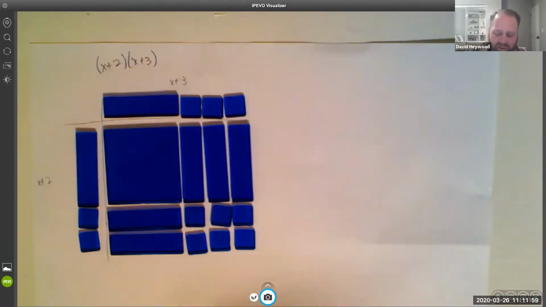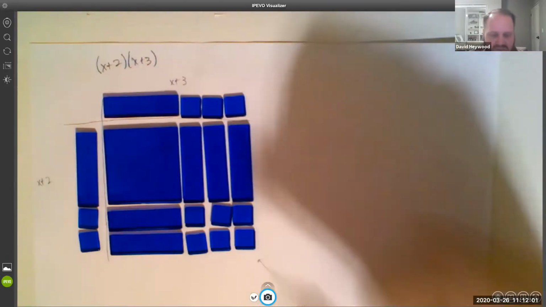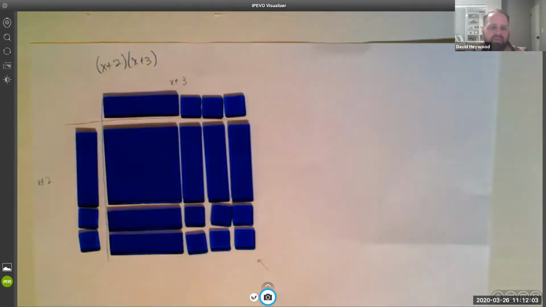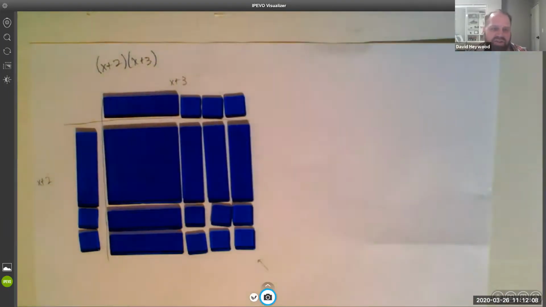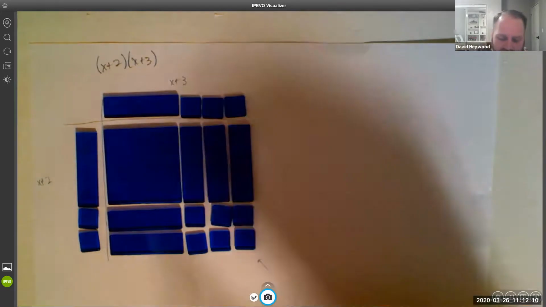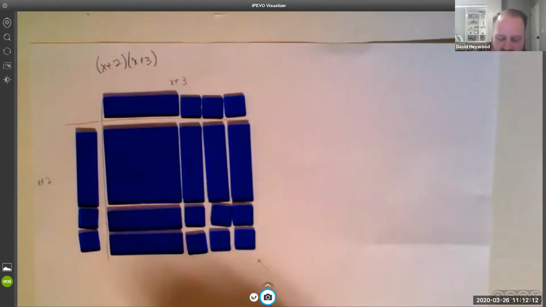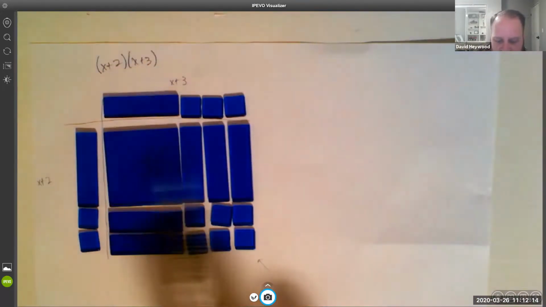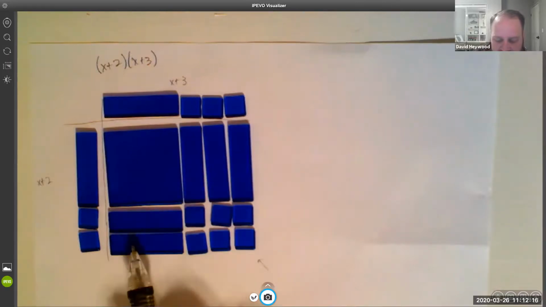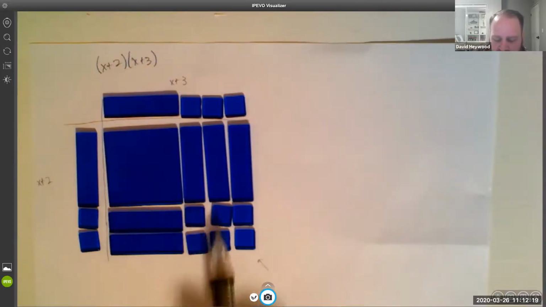So this is the product, right? It's the answer to that multiplication problem. We would say x plus 2 times x plus 3 is x squared plus 1, 2, 3, 4, 5x plus 1, 2, 3, 4, 5, 6.